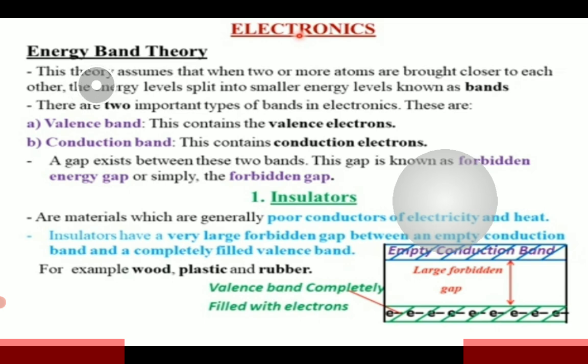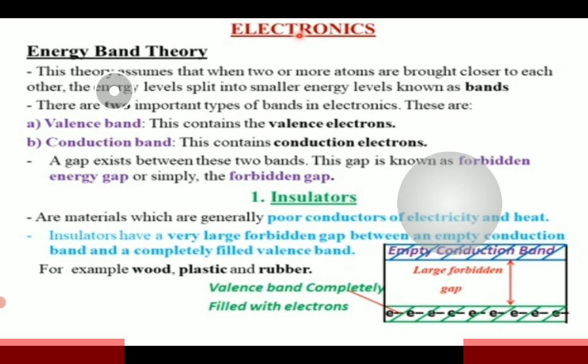It is an assumption that when two or more atoms are brought closer to each other by whatever means, the energy levels are split into smaller energy levels which are called bands. So the energy band theory is a statement which is just based on assumption.